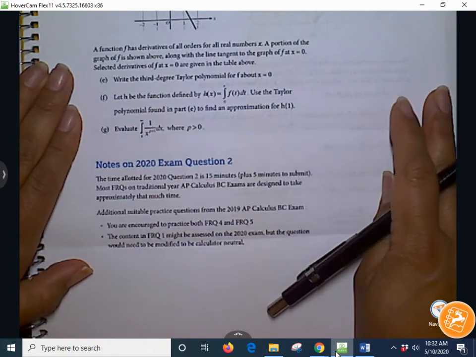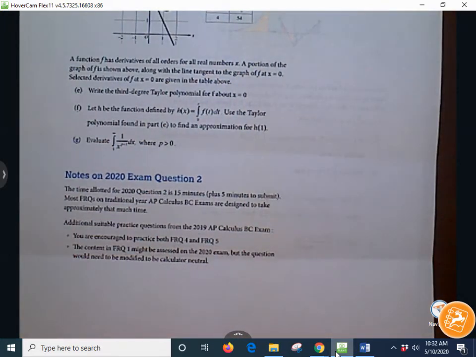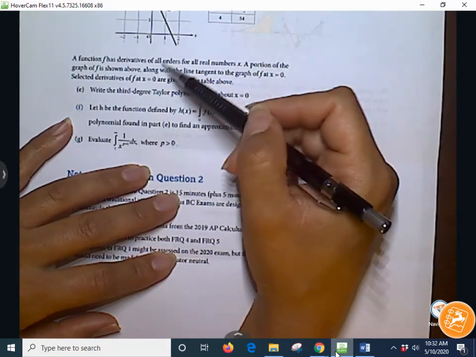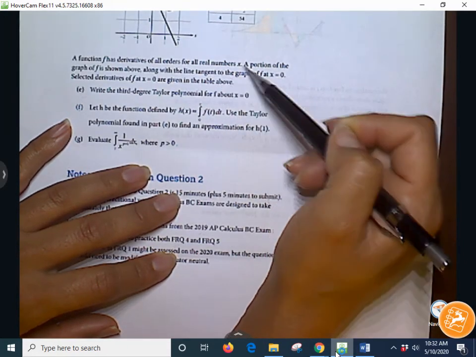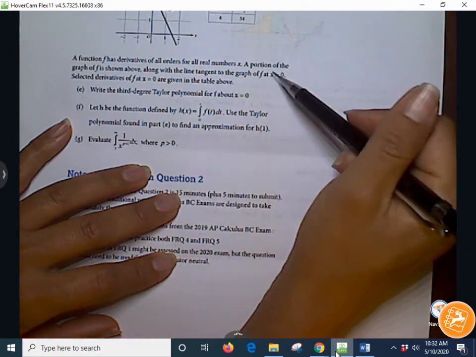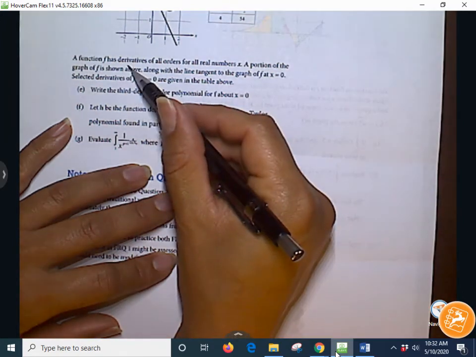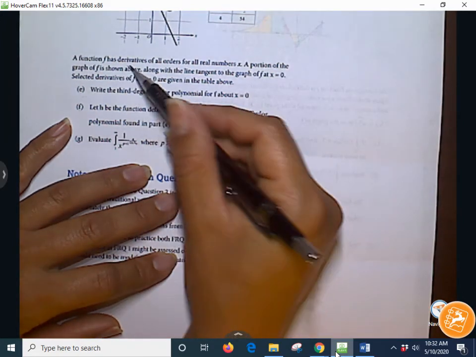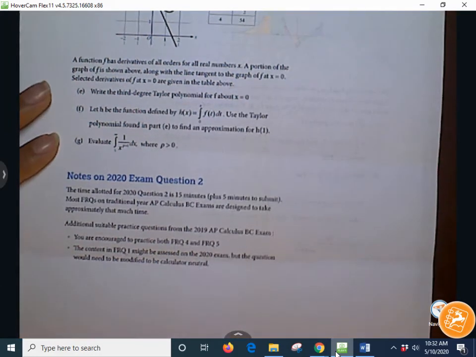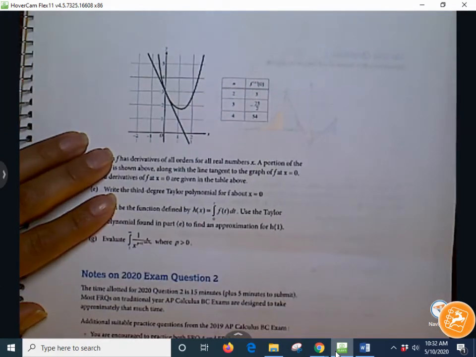Now let's turn the page over to this part. There's our E. All right, this looks like a different problem. It says a function f has derivatives of all orders for real numbers x. Okay, so that means that when I take the derivative of f, I can take an infinite number of derivatives.